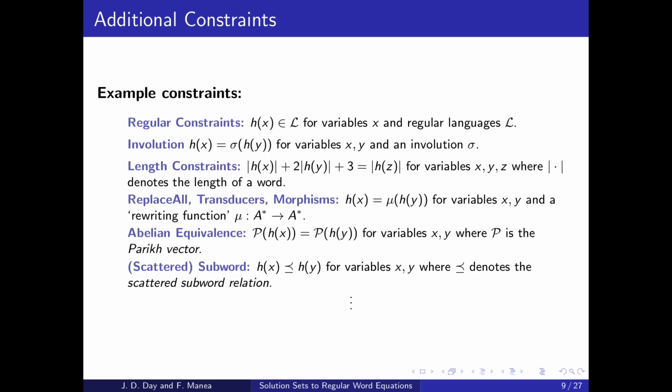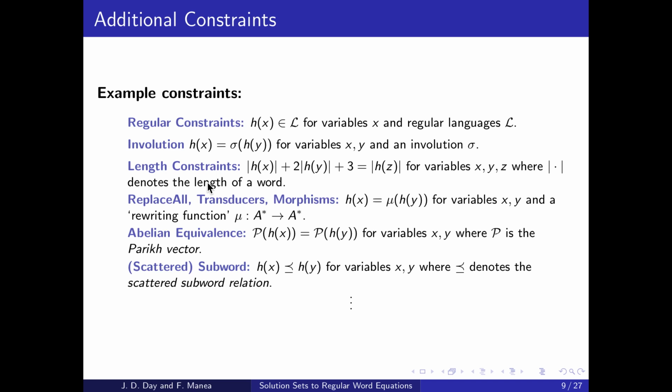Now, there are lots of different kinds of constraints that one might want to consider and that have been considered in the literature. So you have things like regular constraints, so membership of a variable in a regular language, involution, length constraints, by which I mean linear arithmetic over unknowns which correspond to the lengths of the variables.